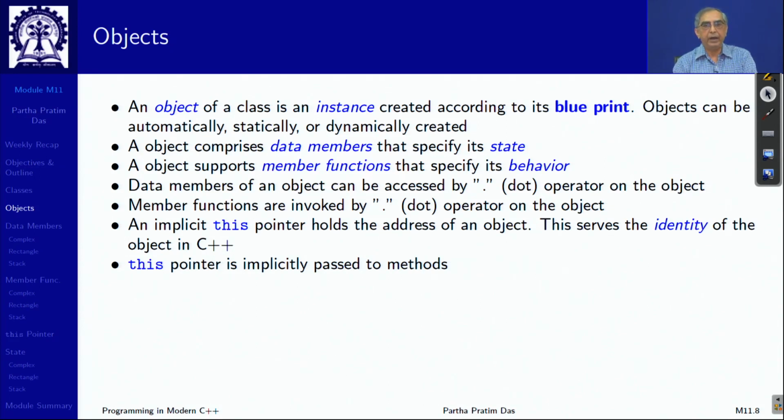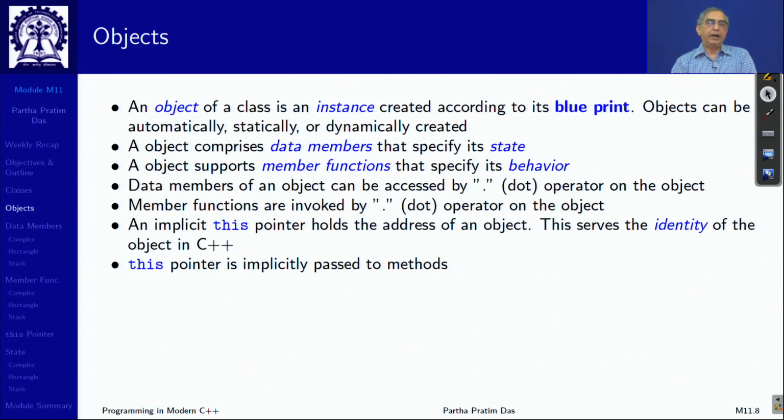Data members can be accessed by the dot operator you have seen in struct or union. Member function can also be invoked by the same operator, and for every object the identity of the object, that is, if I have 3 objects of the same class, then how do I differentiate them? How does the system distinguish them?